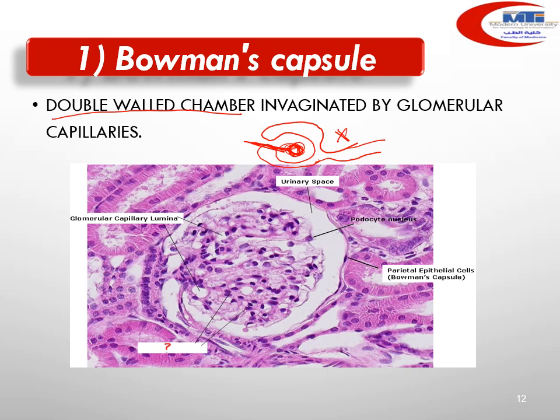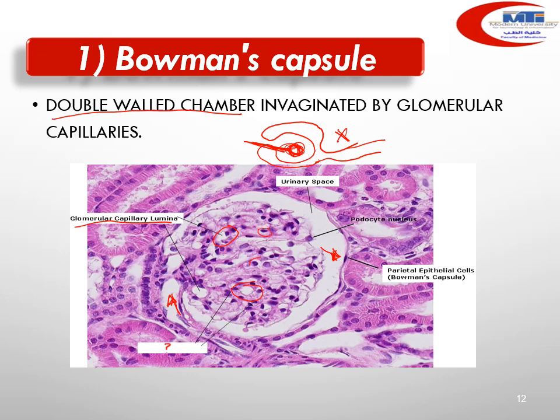In this H&E slide, you can see the glomerular capillary lumen. All these empty structures are the glomerular capillaries. This is the vascular pool, and this is the urinary pool. You can see lots of yellowish structures.